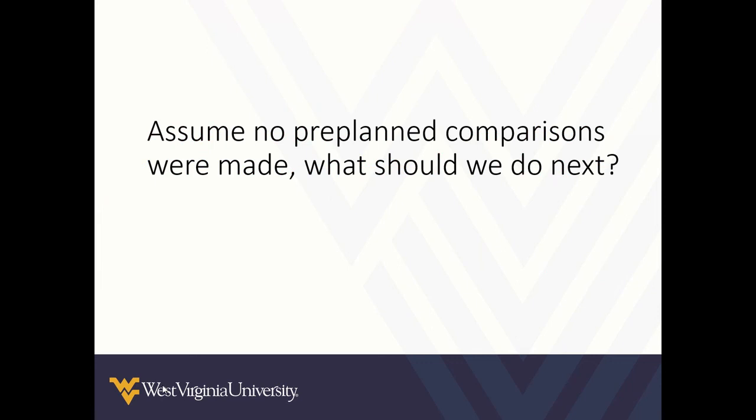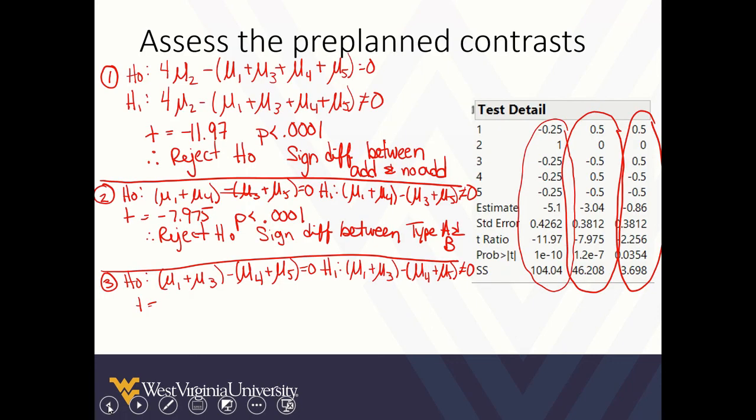We were given a t ratio of -2.256 and a p-value of 0.0354. And so at the alpha equals 5% level, there is a significant difference. Notice if we had gone to the 99% confidence level or 0.01 significance level, this would have been insignificantly different.